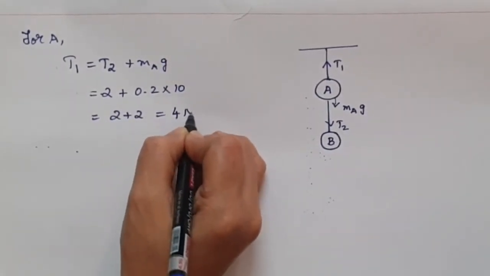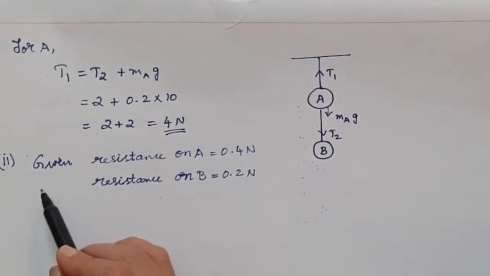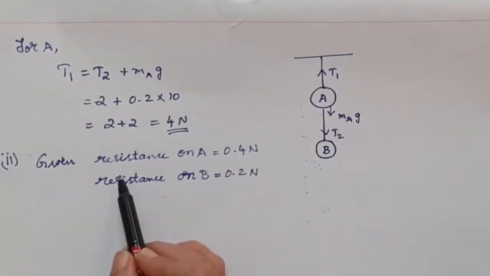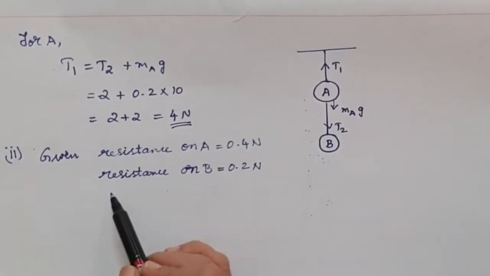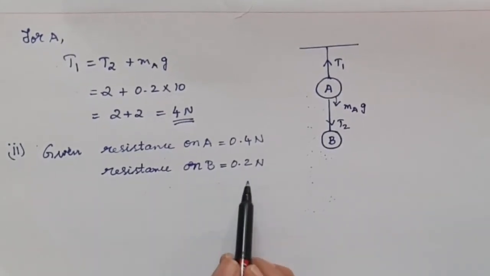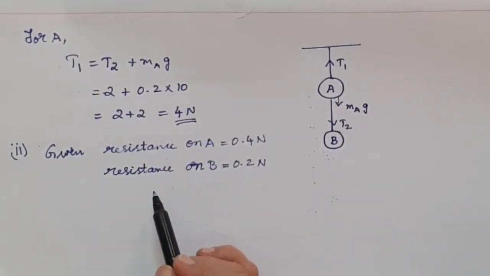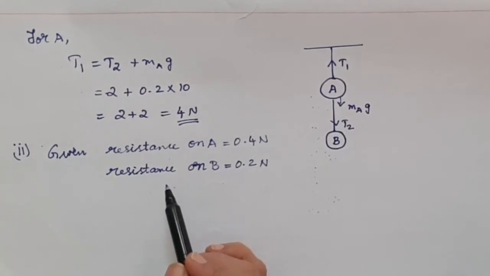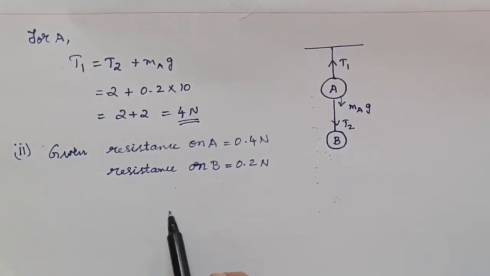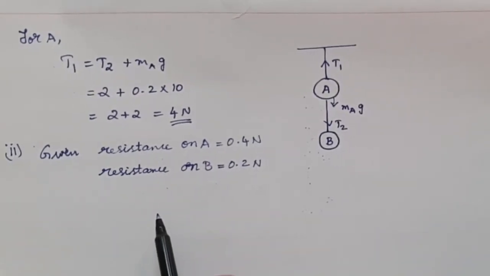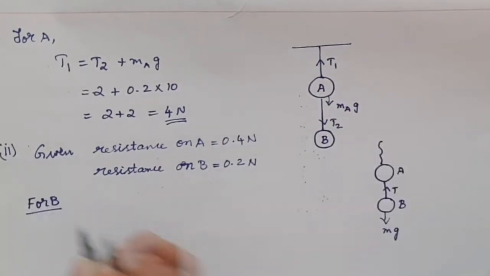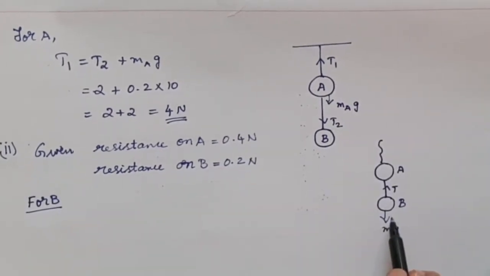So it is 4 Newton. Now in the second question, the resistance on A is 0.4 Newton, the resistance on B is 0.2 Newton, and the tension is T in the string, and the particles fall with an acceleration of A meter per second squared. These are the assumptions.